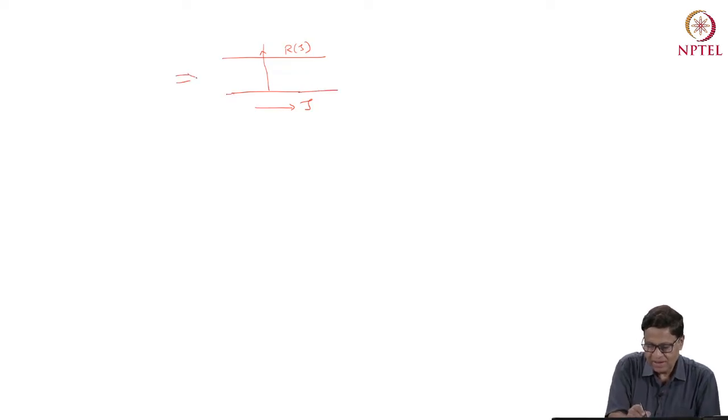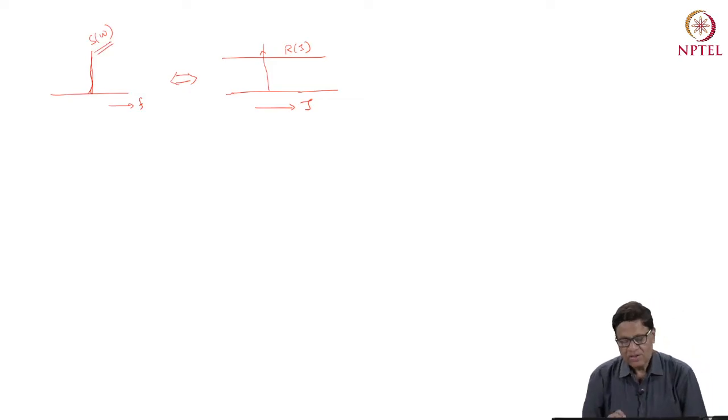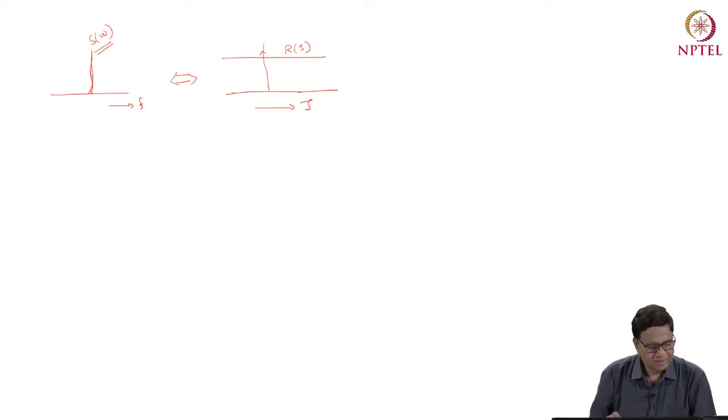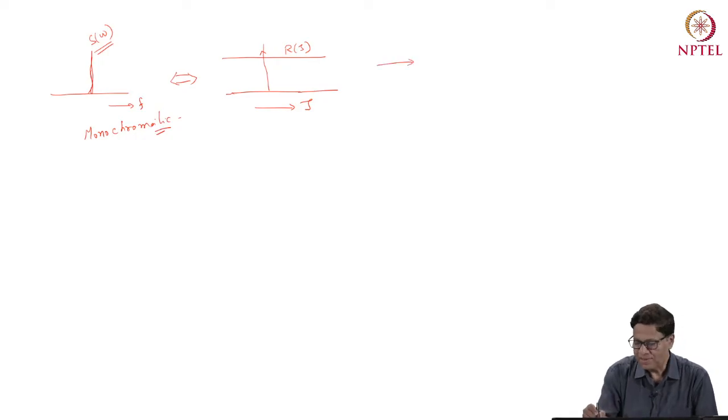And if I take the Fourier transform of it, this is f. So this will give me a single line, single frequency. So this is S omega. So if the correlation function is flat for all values of tau, and if I take the Fourier transform, then I get a single line. So this source is actually monochromatic. And the source will be called as temporally coherent.